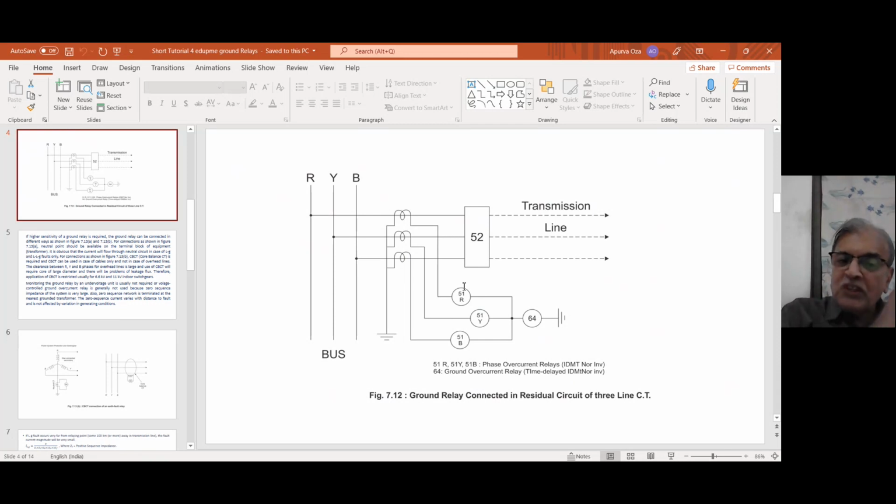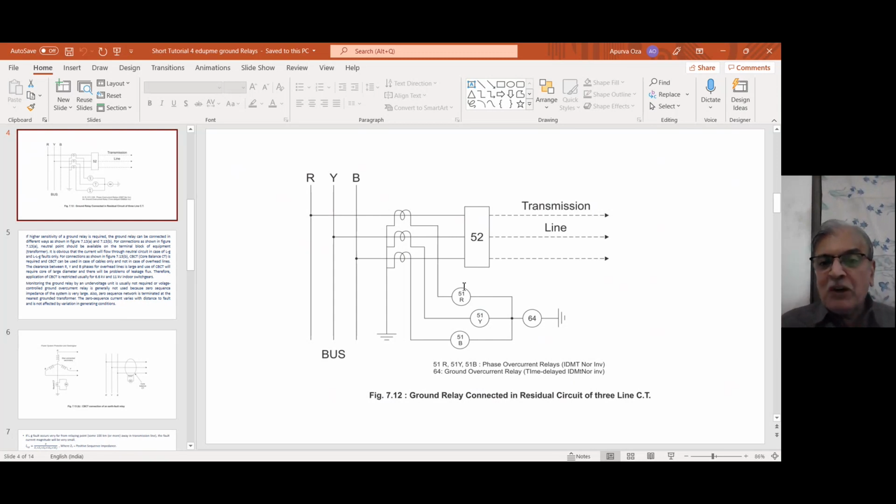Because for 64, I need 0.1 ampere, but for each of the three CTs, I need 0.05. So 0.05 plus 0.05 plus 0.05, I need 0.15 amperes. 0.1 ampere for the relay, 0.15 for the three CTs. So it becomes 0.25. For 100/1, if 0.25 is the secondary current, then the primary current becomes 25 ampere.